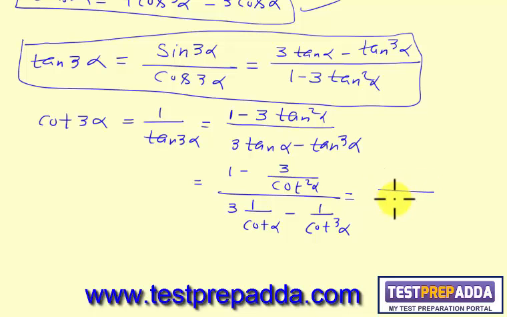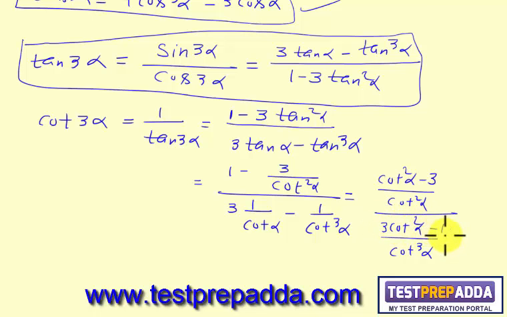Okay, so here I'll take cot square alpha as the LCM. So cot square alpha minus 3, upon, in this case I'll take cot cube alpha as the LCM. So here it becomes 3 cot square alpha minus 1. Now cot square alpha will cancel cot square alpha here, cot alpha will be left out. Now this cot alpha will be multiplied here.